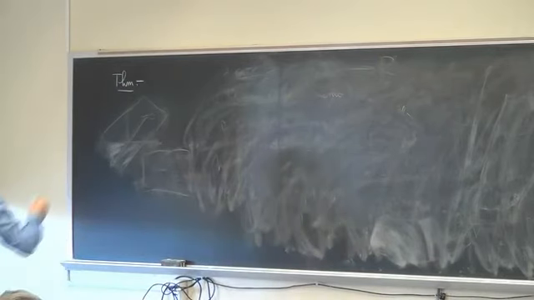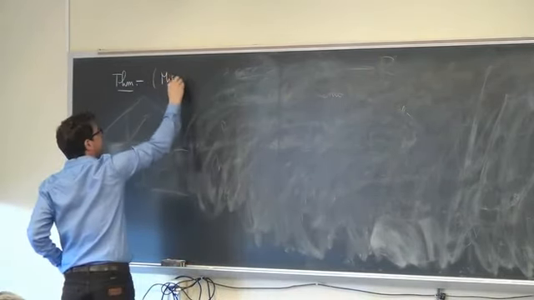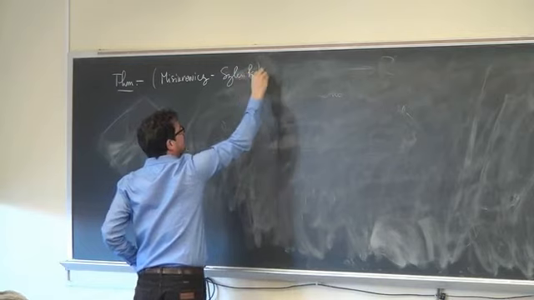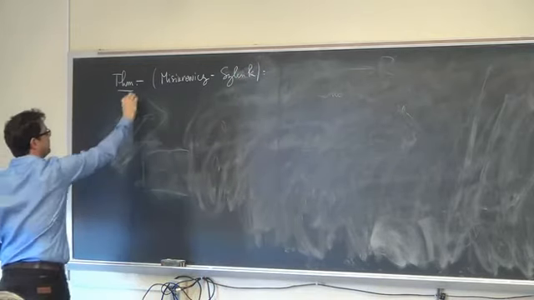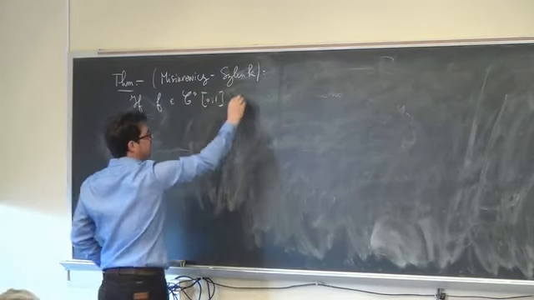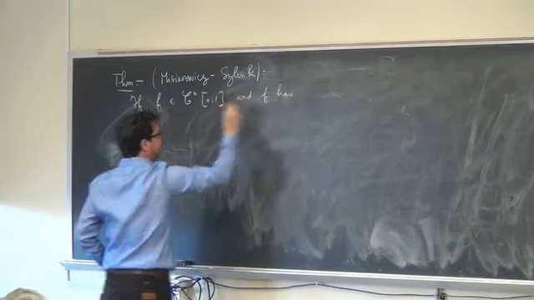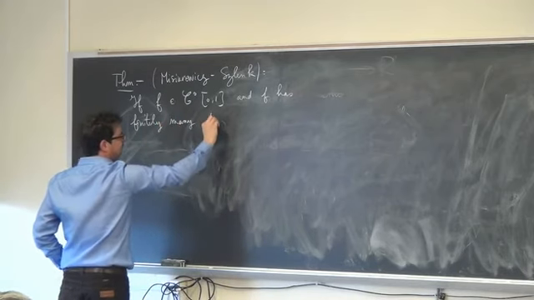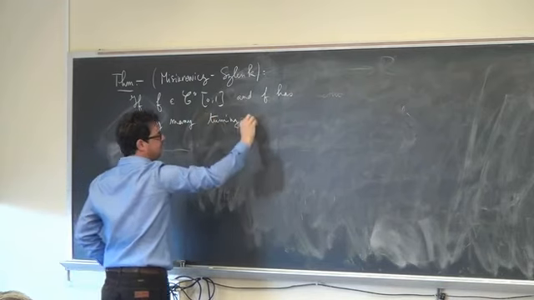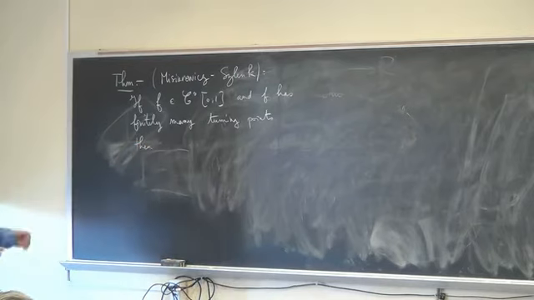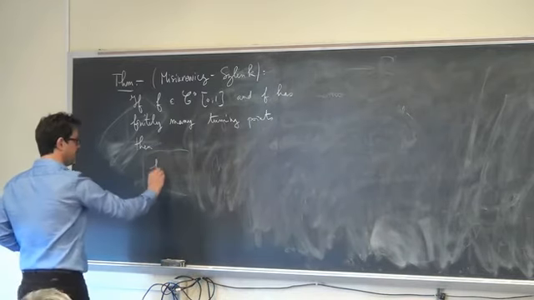Which is due to Misiurewicz and Szlenk. They say the following: if f is a continuous transformation of the interval, and f has finitely many turning points, so the modality is finite, then in fact you can compute the topological entropy as a limit.